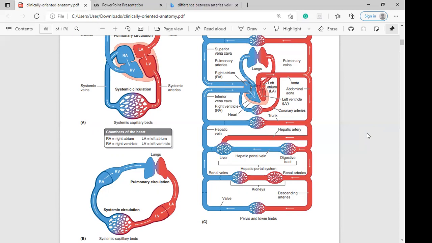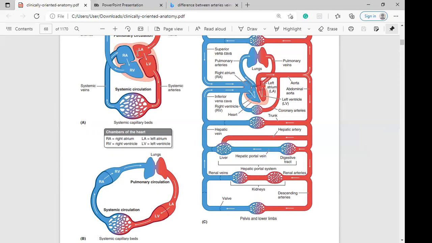Now, what do you think is the function of this valve? I'm thinking to regulate how the blood flows. Yes. When the blood leaves the left atrium, it enters the left ventricle. Once that blood enters the left ventricle, there is a possibility that the blood could flow backward.